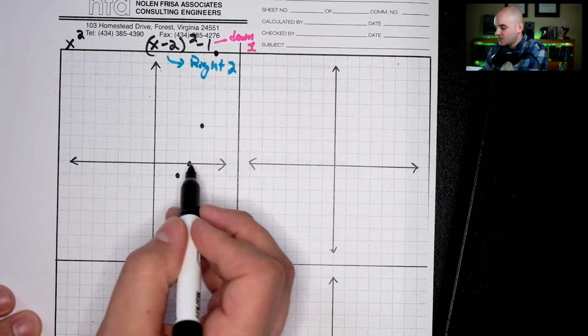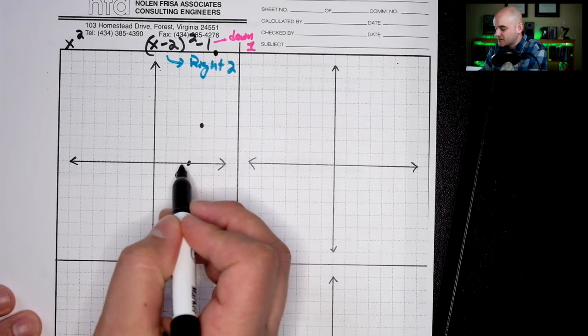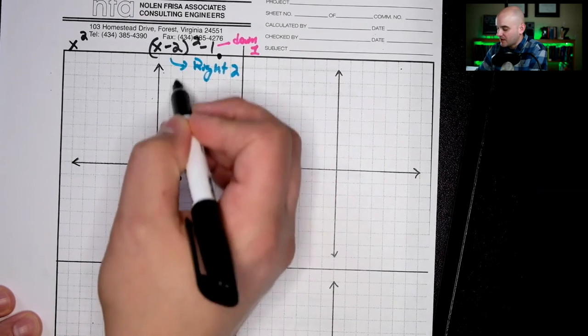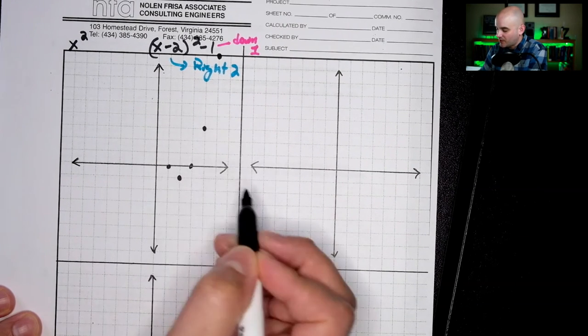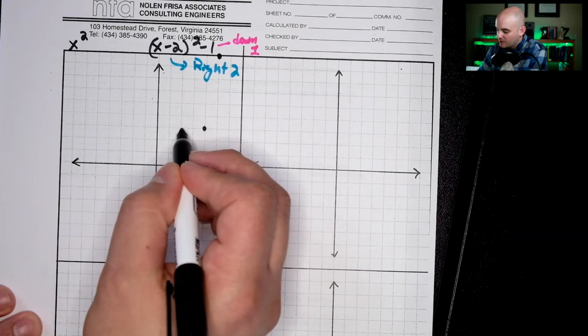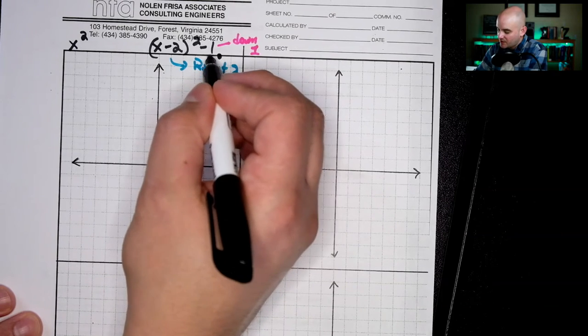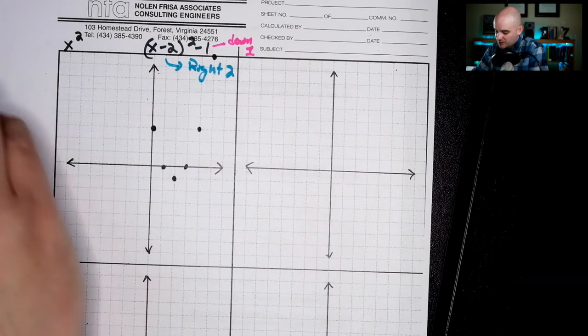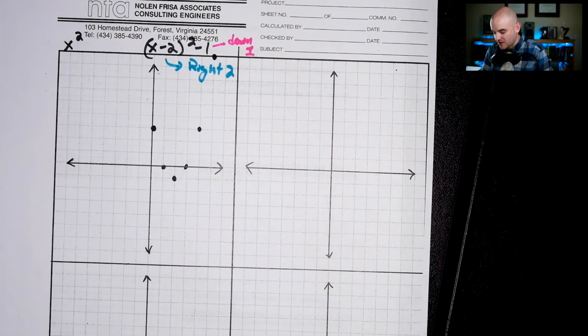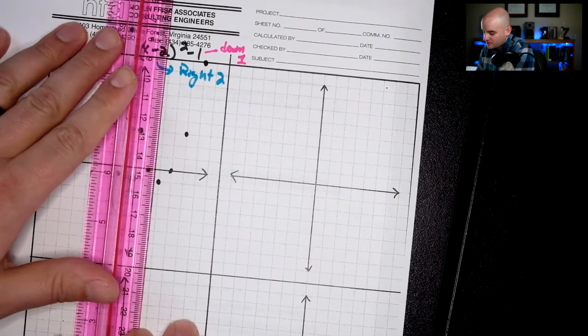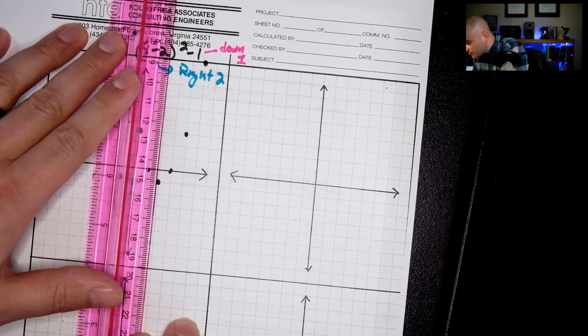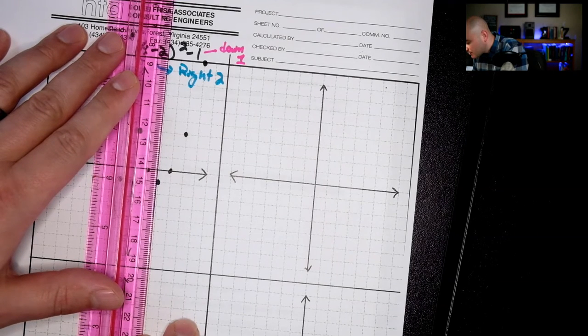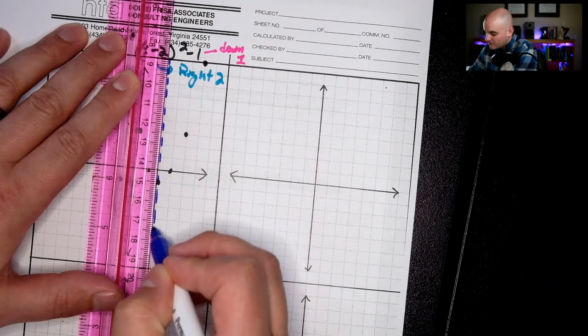And then it's going to be symmetrical from this line of x equals 2 right here. So I went over 1, over 2, and then 3 from this line of symmetry. I'm going to go ahead and graph this line of symmetry now, because it will make it easier to make sure that I'm being symmetrical.